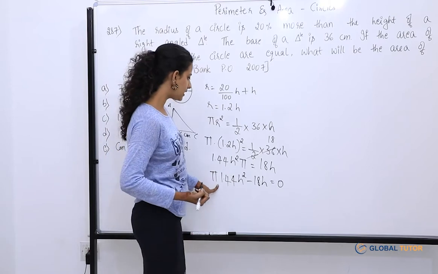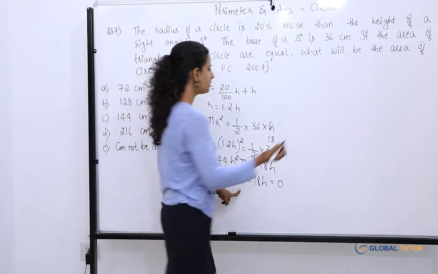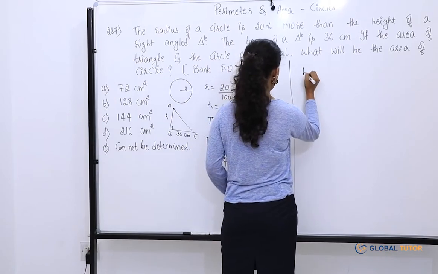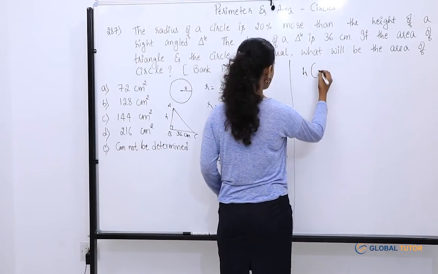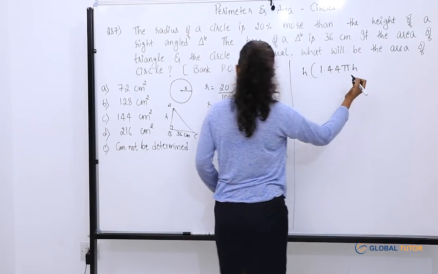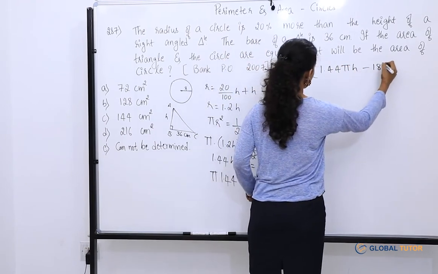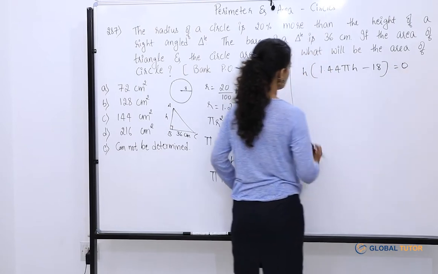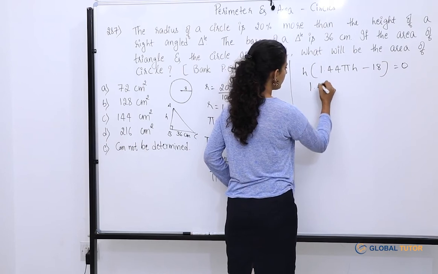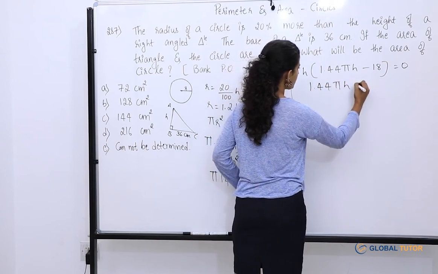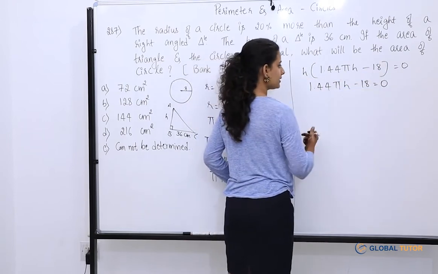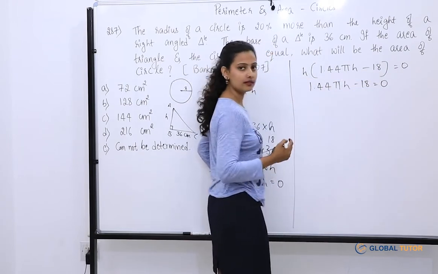Here we can take h as common. So if I take h common, we will be left with 1.44 pi h minus 18 is equal to 0. Here either h is equal to 0 or 1.44 pi h minus 18 is equal to 0. H cannot be 0. So let us consider this value.